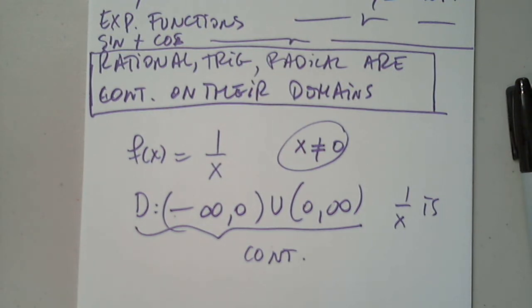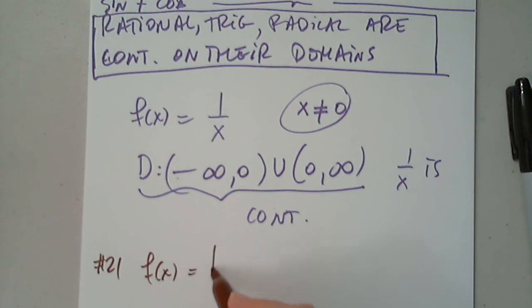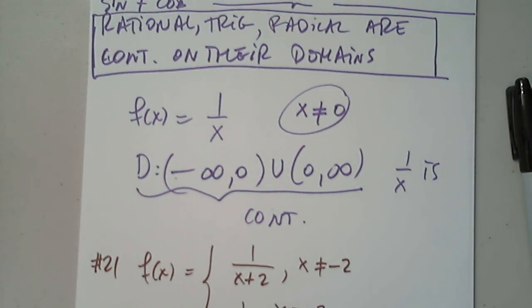Good. So let me copy 21. Very good. So 21 has f of x equals 1 over x plus 2 for, of course, x not equal to -2. And it's 1 for x equals -2. Perfect. That's 20. Oops. I do that a lot.